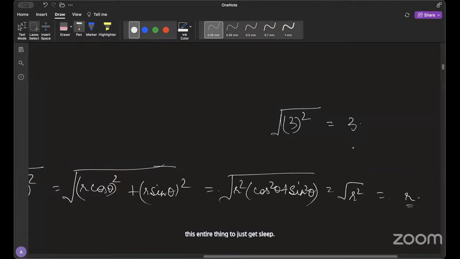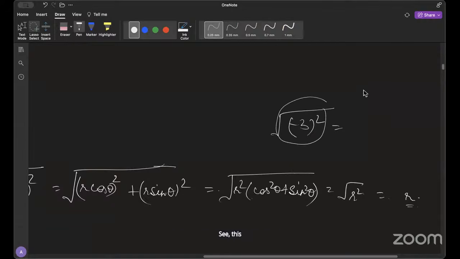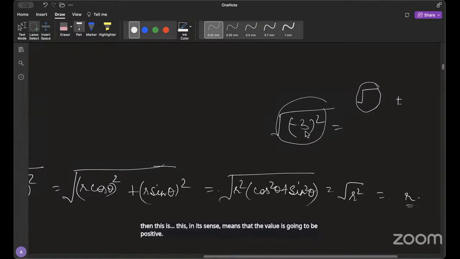The mod thing that you're talking about is, ma'am, if r is minus 3, then if you have minus 3 here, you square it and then you take the square root. Then also, see, when you have a mod function, this in itself means that the value is going to be positive. It cannot be negative.